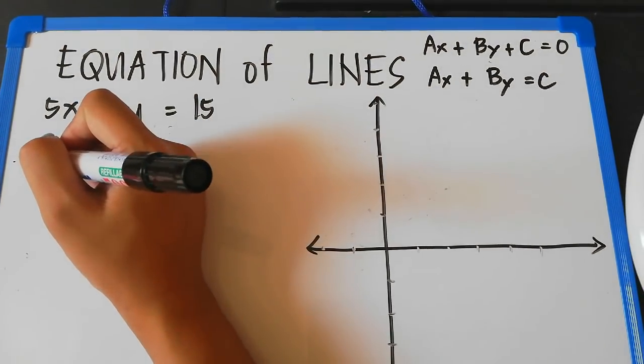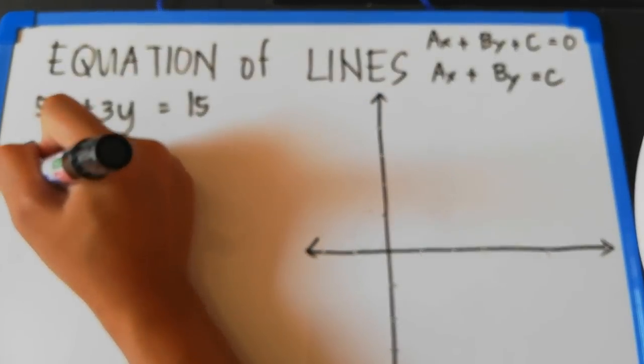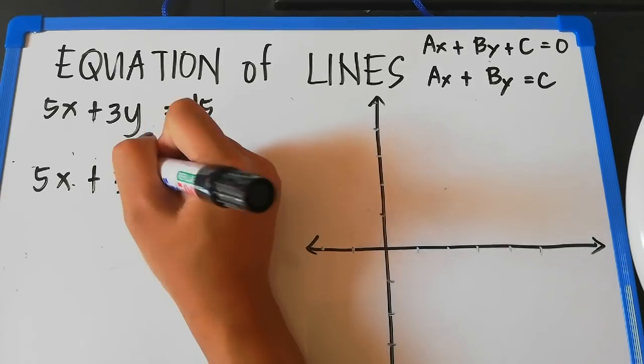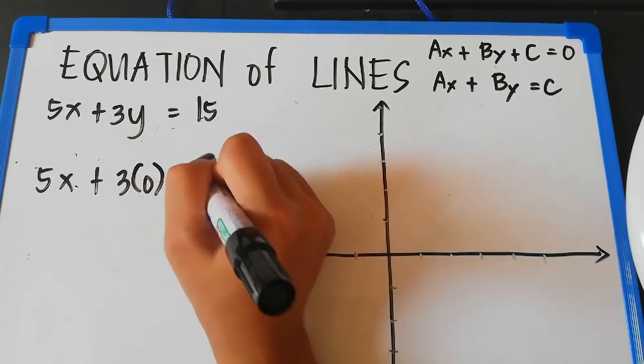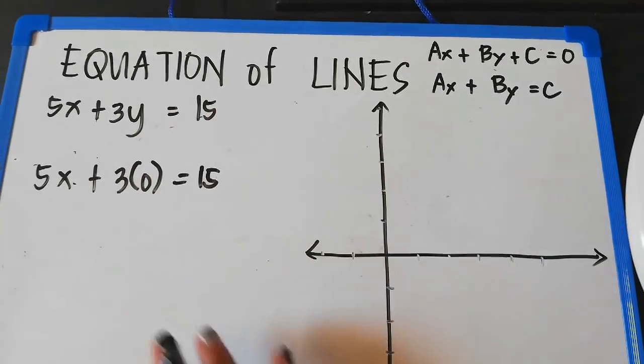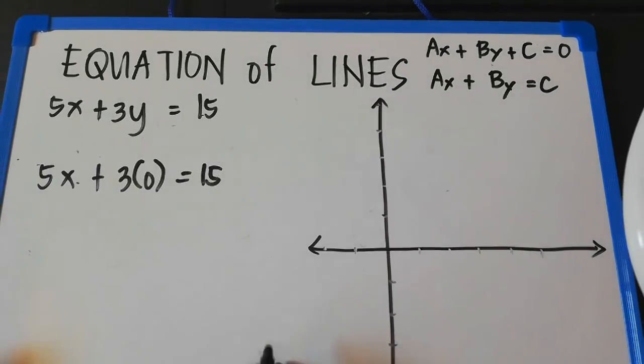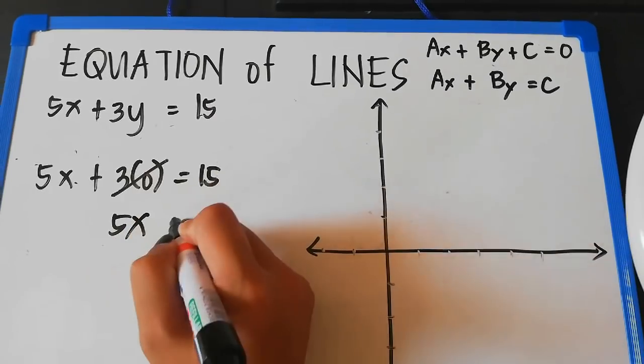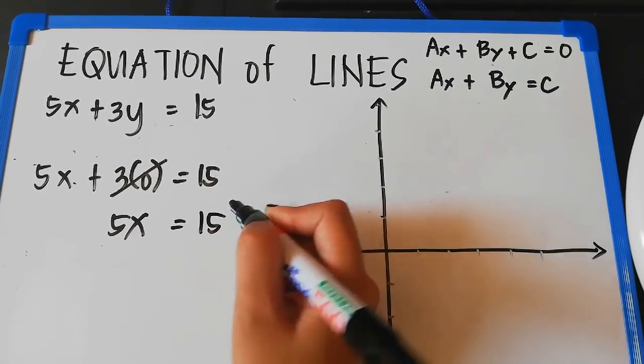So, kung hahanapin natin ang ating x-intercept, we are just going to set the value of y equal to 0. So, 5x plus 3 times 0 is equal to 15. Then, by solving, 0 na yon. So, natira na lang is 5x is equal to 15.